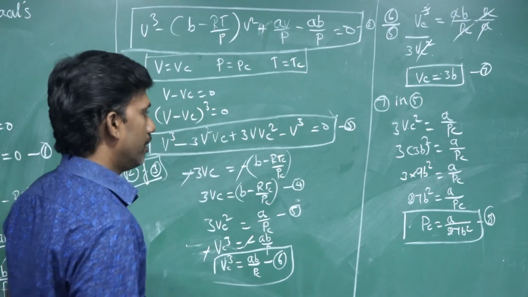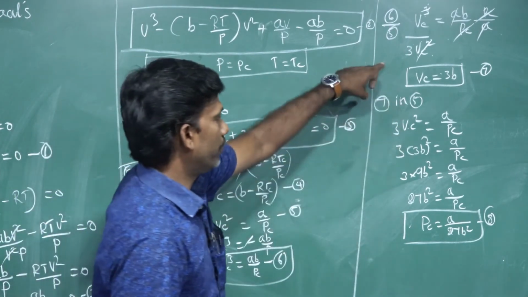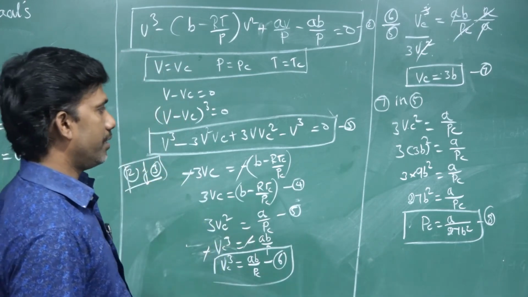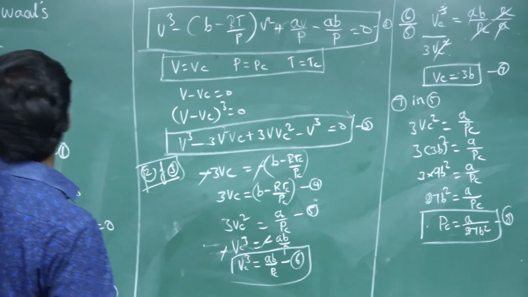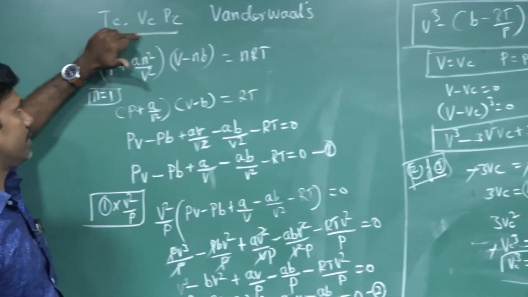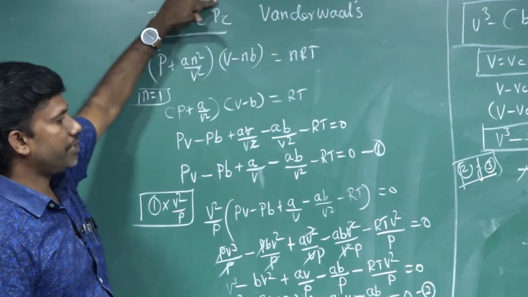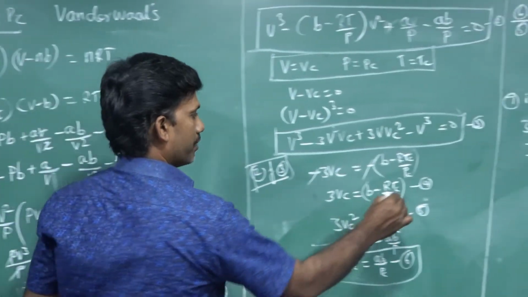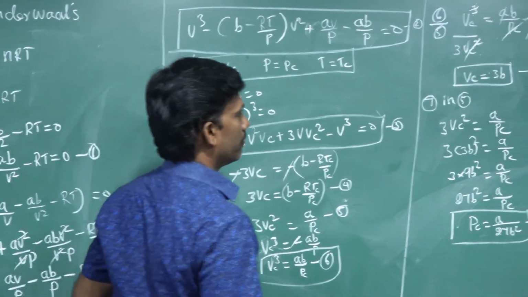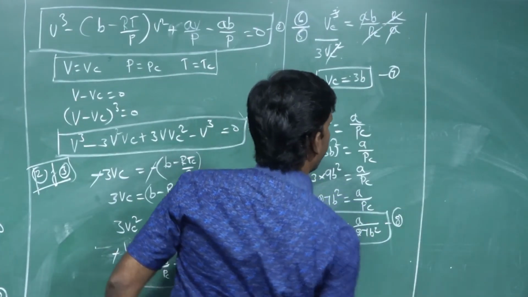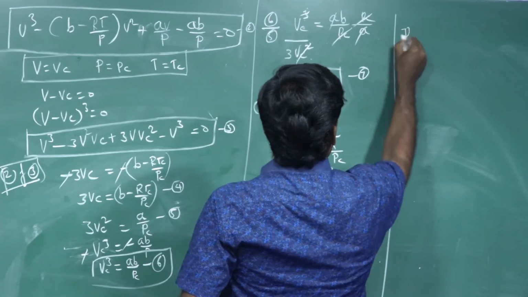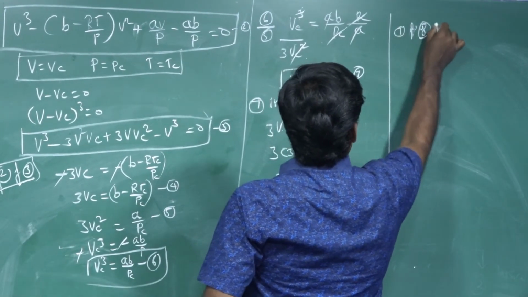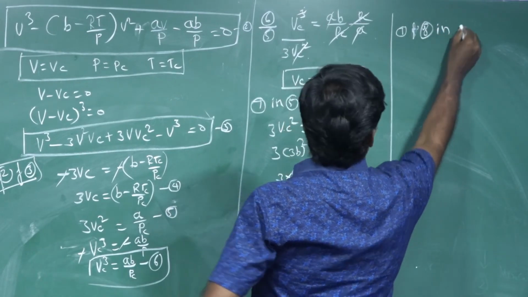Then if you substitute both values Vc and PC in equation number 4, you may get the TC value. What is our motive? To calculate TC, PC and VC. Now we got both Vc and PC. You apply these into equation number 4, and you can get the TC value. So let us apply 7 and 8 in equation number 4.